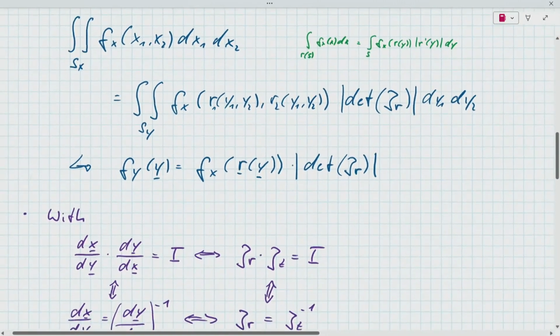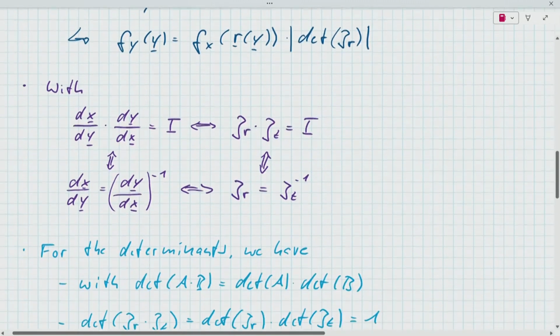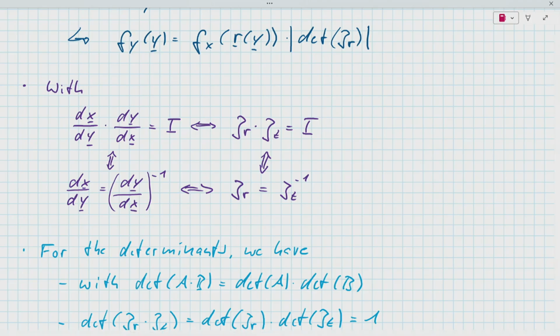Okay. And now we can make good use of that. And with some tricks, we can also get these dual formulations. We had this dual formulation in the 1D case, where I can take the derivative of the reverse mapping or 1 over the derivative of the forward mapping. Same thing here.